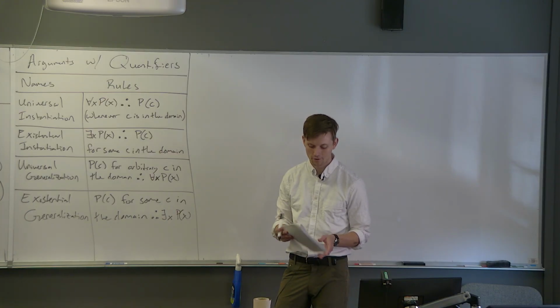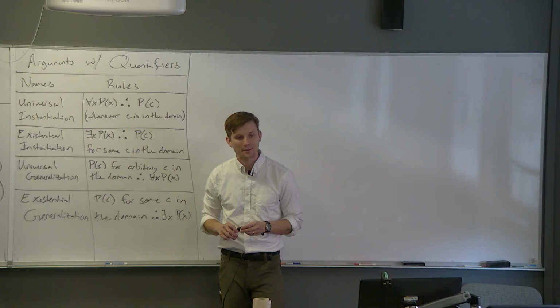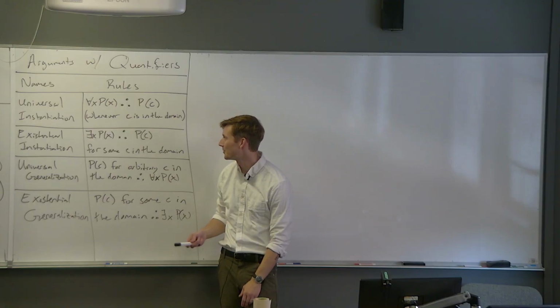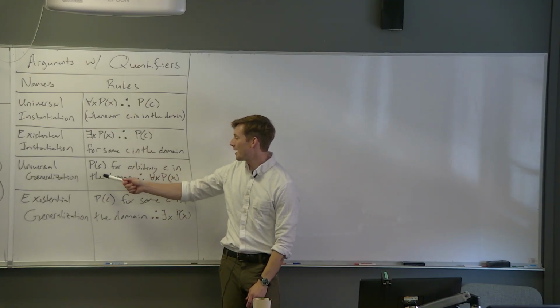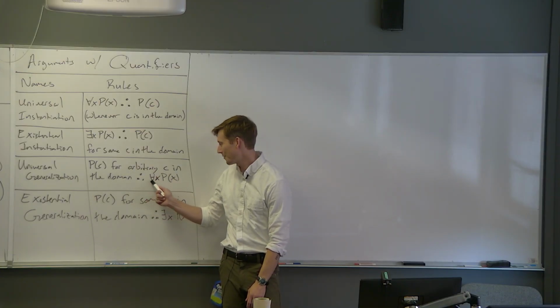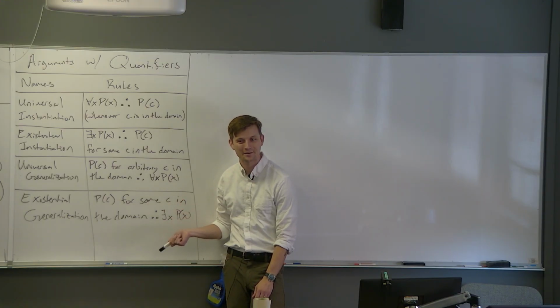Okay, cool. These maybe seem silly at first. That is, when you look at them, maybe you go like, it sort of seems like you've just said the same thing twice. Like if you said, hey, P of c for whatever c you want, therefore, for whatever x you want, P of x. It sort of seems like you've just said the same thing twice, yeah?